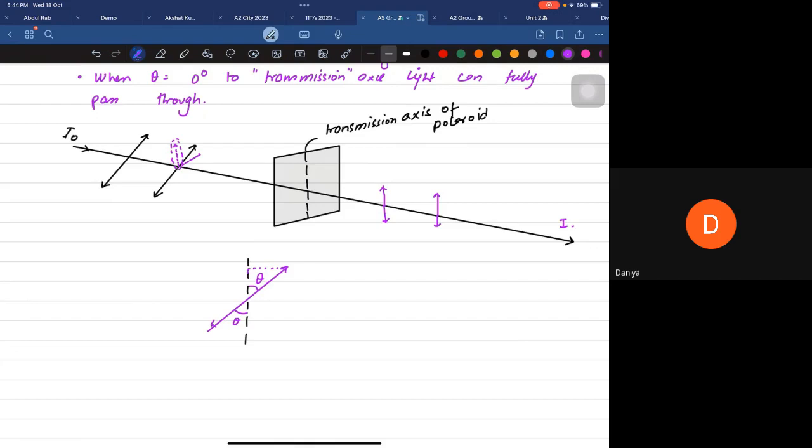This makes a 90 degree angle here. If this is the amplitude of the wave, then this one will be amplitude cosine theta because it's next to the angle. Do you agree?